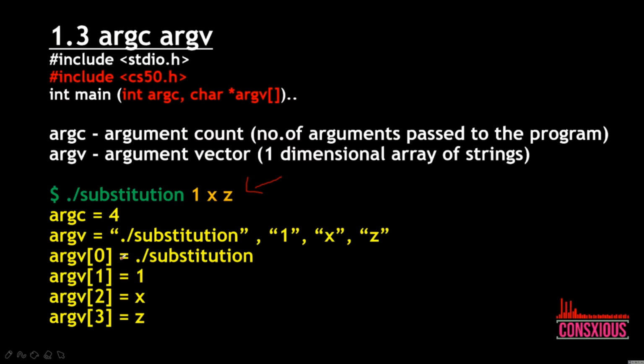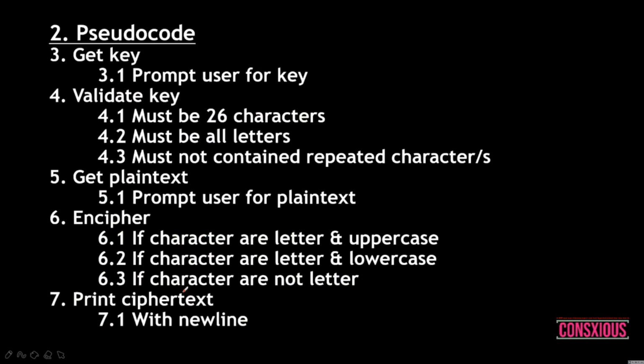Index 0 is ./substitution, then 1, 2, 3. In computer science, we always start counting from 0. To see it more clearly: argv index 0 is substitution, index 1 is 1, index 2 is x, index 3 is z.